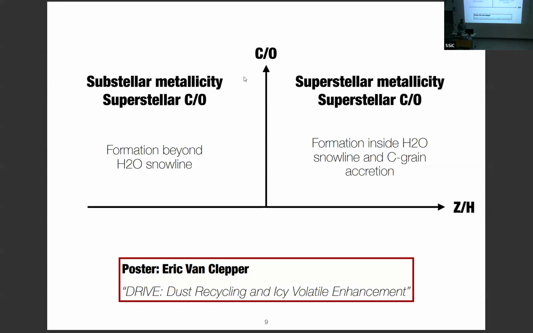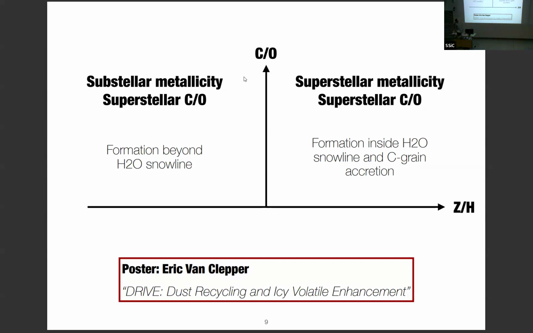As an example, it has been proposed that the C/O ratio is a good formation tracer for exoplanets. This is just half of this quadrant that you can find in the classical Öberg 2011 paper. On one side, if your exoplanet's atmosphere has a high metallicity and a high C to O ratio, well above the stellar value, you might infer that the exoplanet formed inside of the H2O snow line.